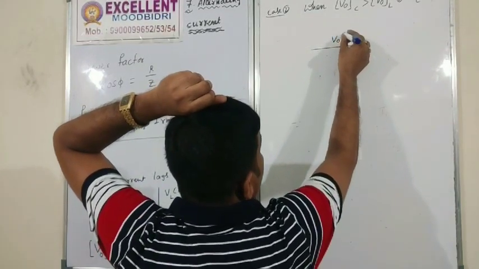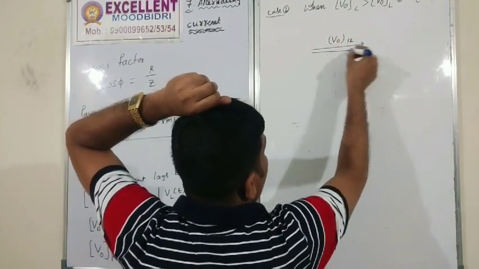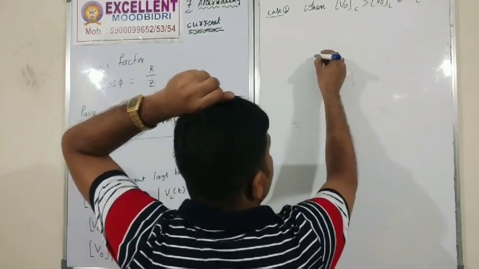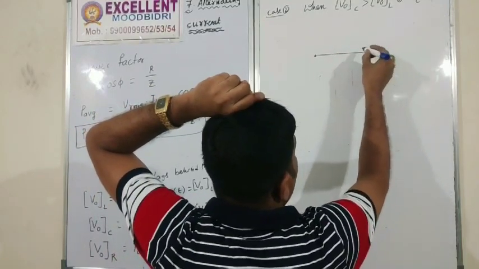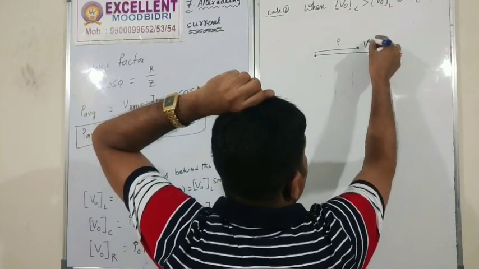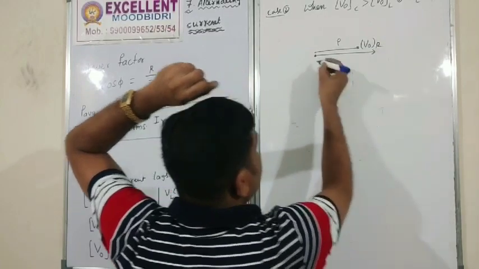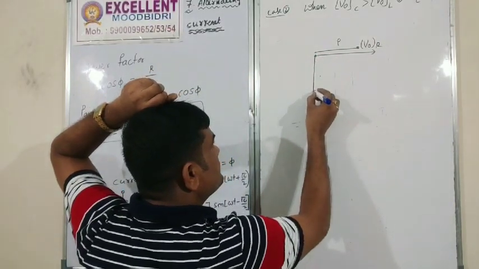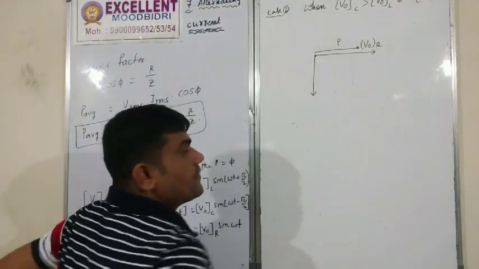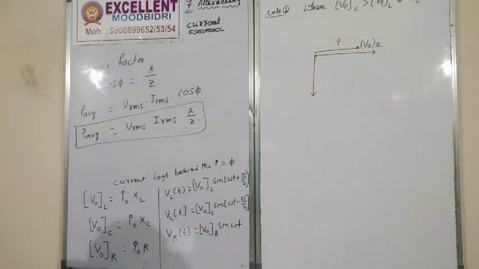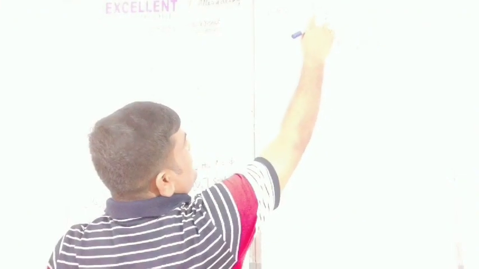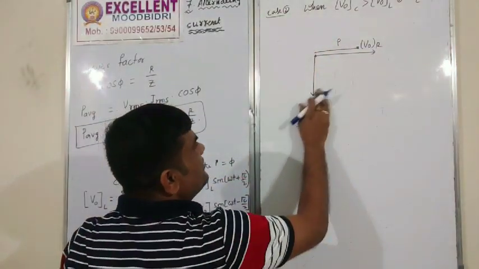This is the V naught R, and I is also in the same direction. Correct? So this is I, and this is V naught R. This is the negative value, this is the positive value, right?